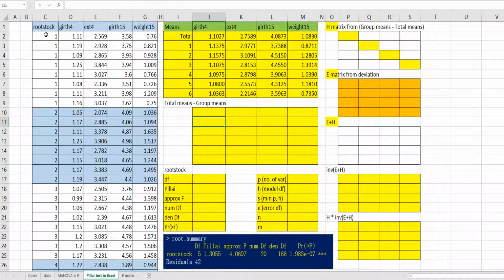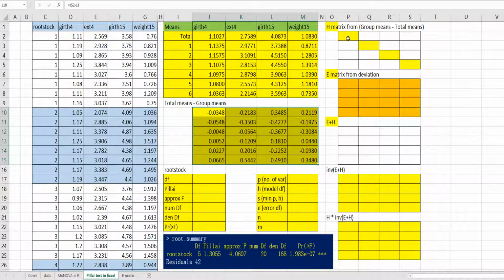Right. Then total means minus group means, fixed row minus group 1 means. Then we can apply this formula for other cells. Then the H matrix, so select 4 by 4 cells.